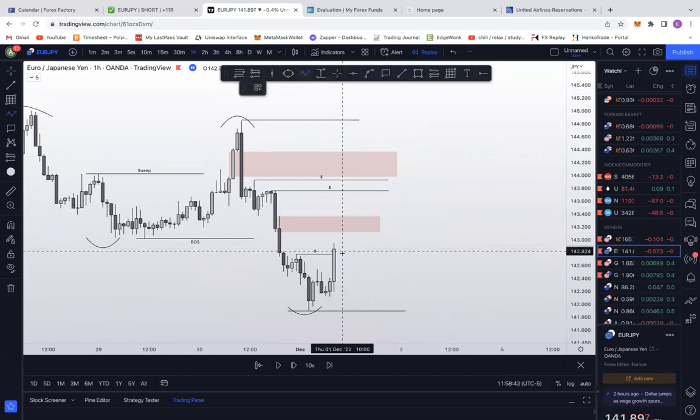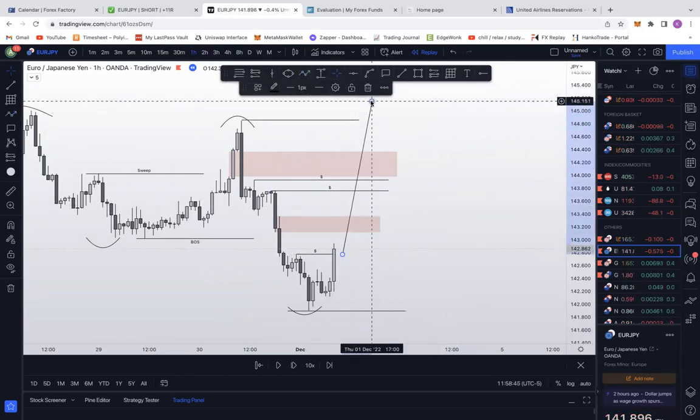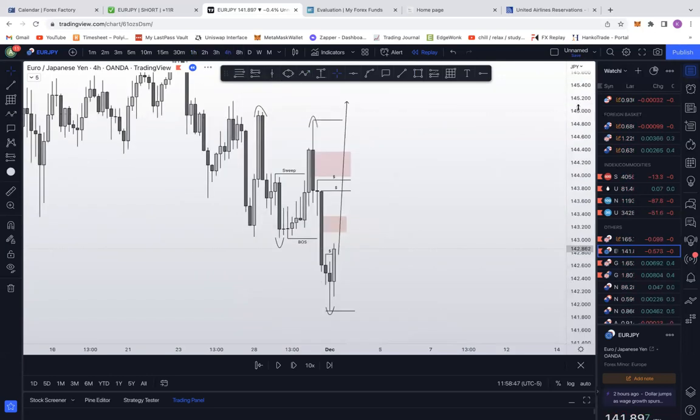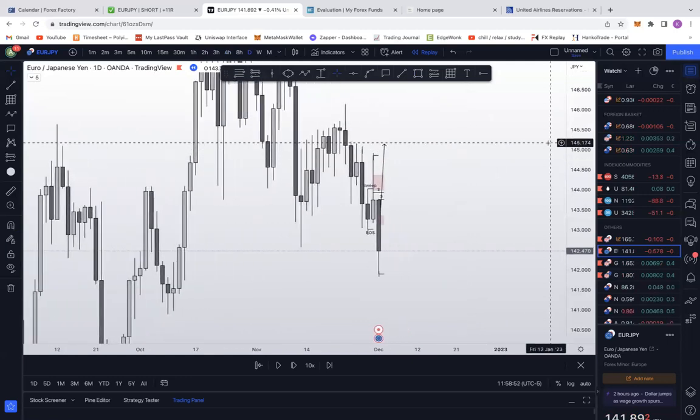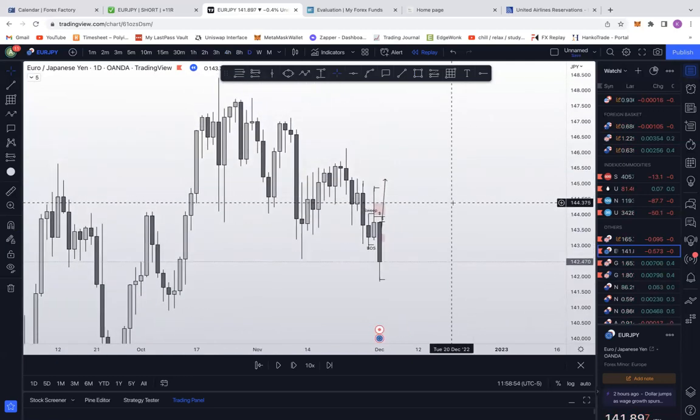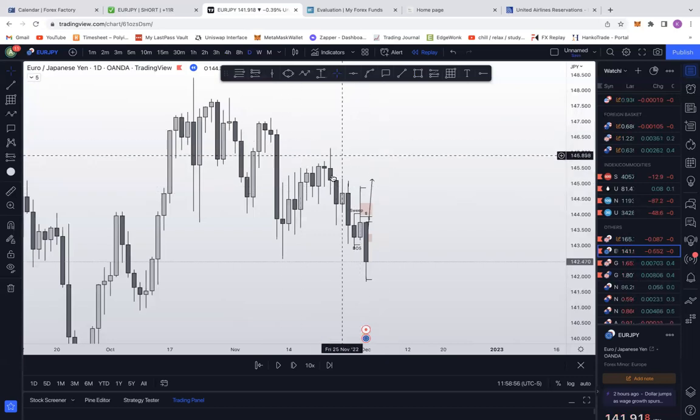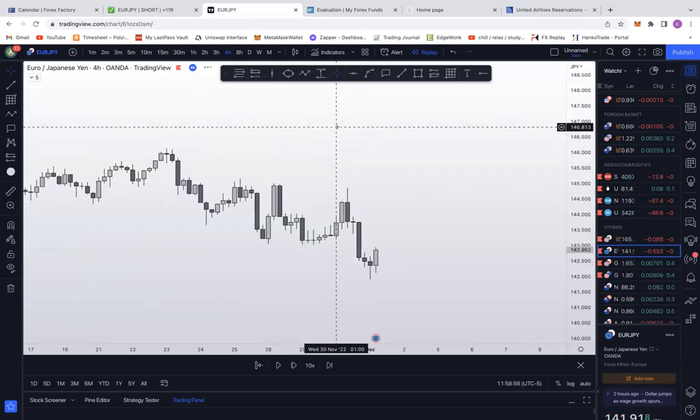And let's just say for whatever reason we sweep this high. We can look at the larger time frames. Let's say the daily. On the daily, there are no points of interest here, so I wouldn't be interested.